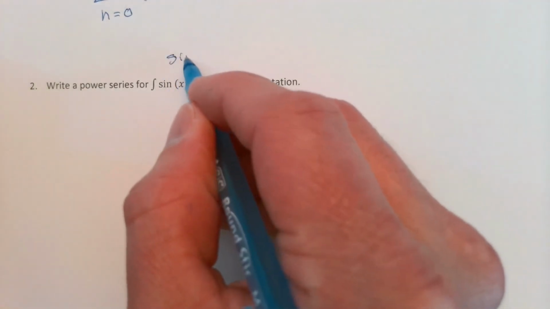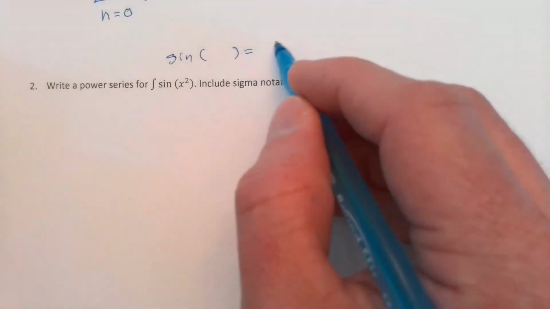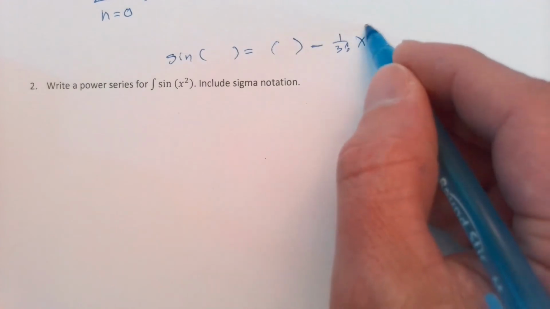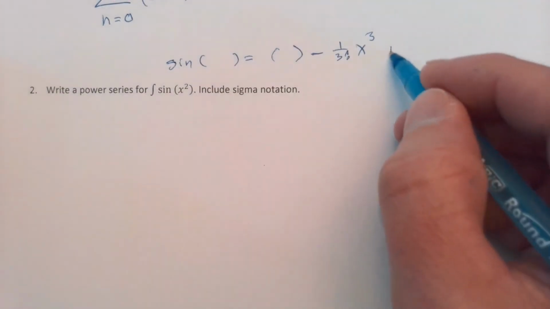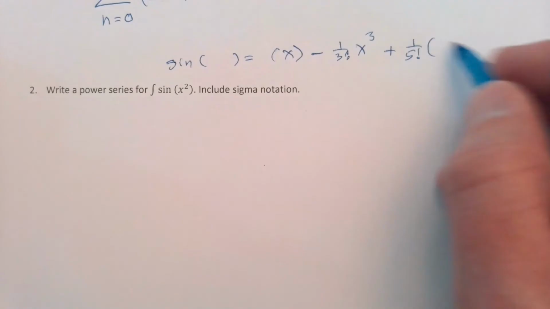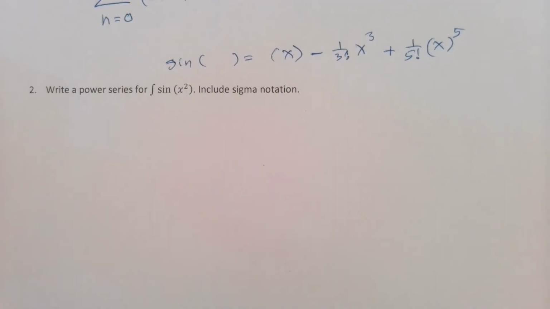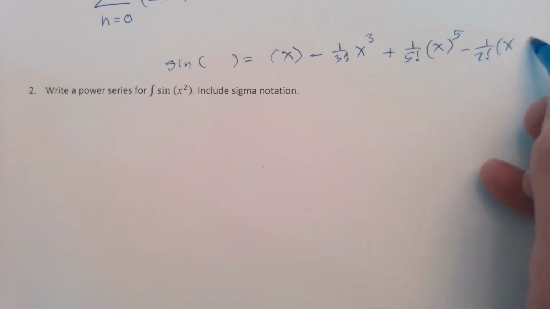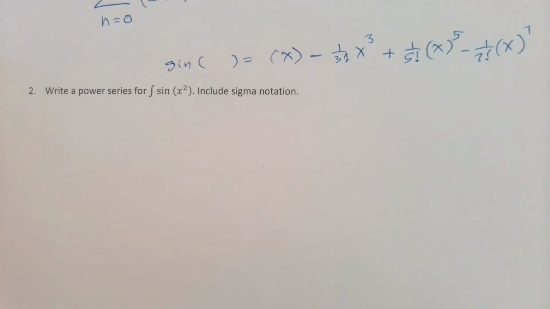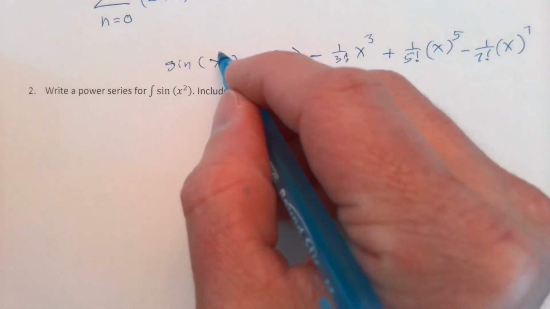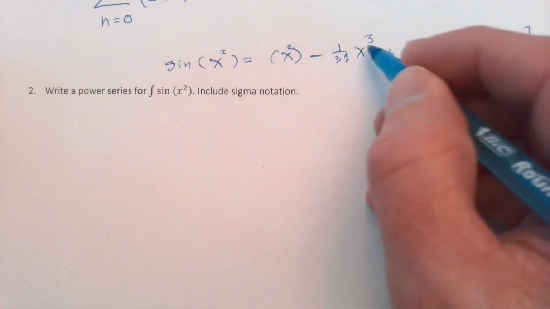So sine's power series starts with x and subtracts 1 over 3 factorial x cubed, and then adds 1 over 5 factorial x to the 5th, like this, and then minus 1 over 7 factorial, x to the 7th. But the deal is, I want x squared everywhere that sine normally has x. So instead of x here, I'll put x squared, and that means all these have to be x squared in here also.